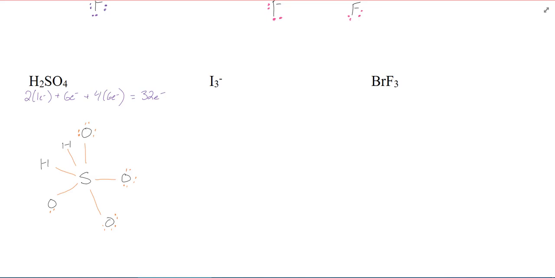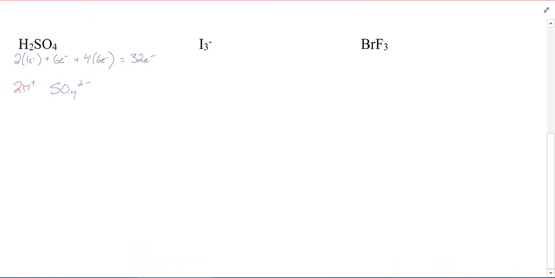So let's talk about sulfate. Now, it's really nice because I can just erase. We have two H pluses and SO4 2 minus. So let's draw this SO4 2 minus.